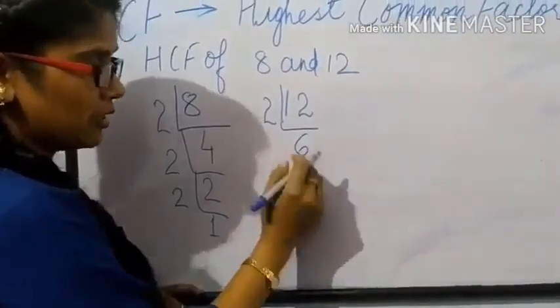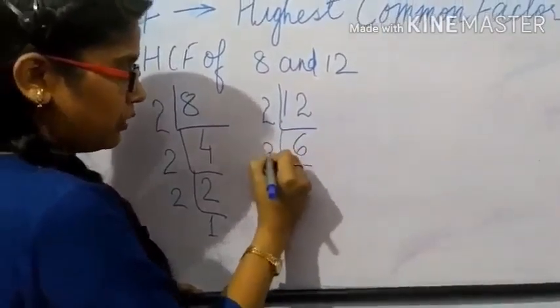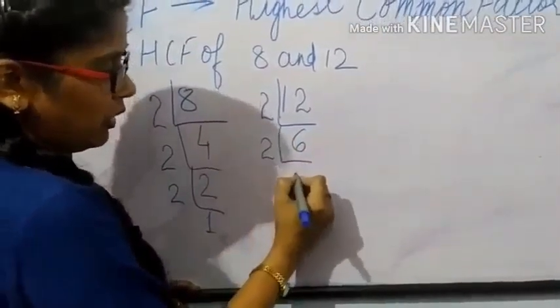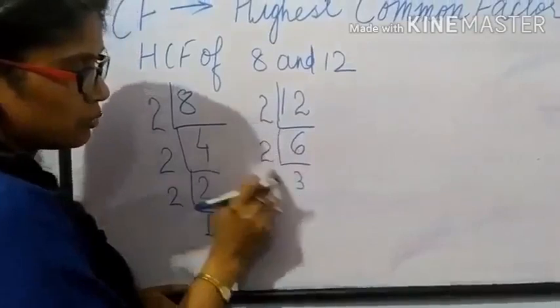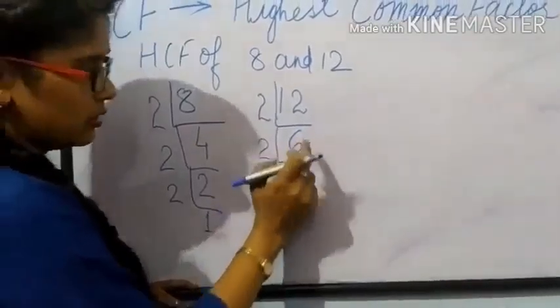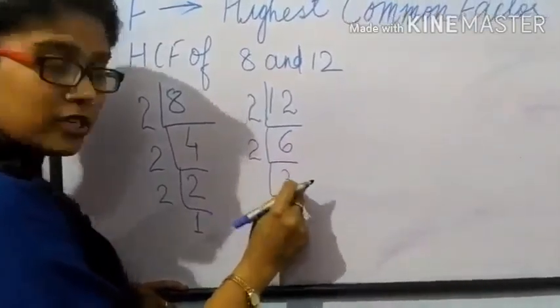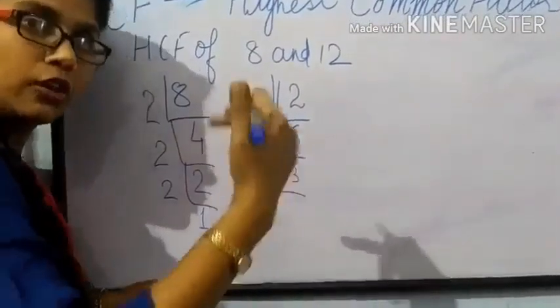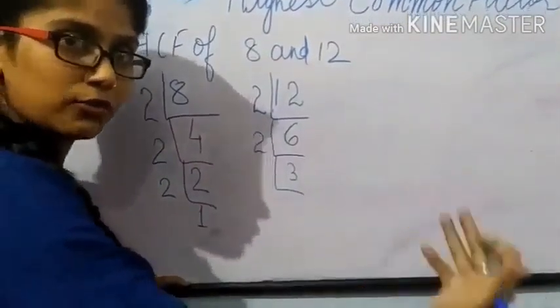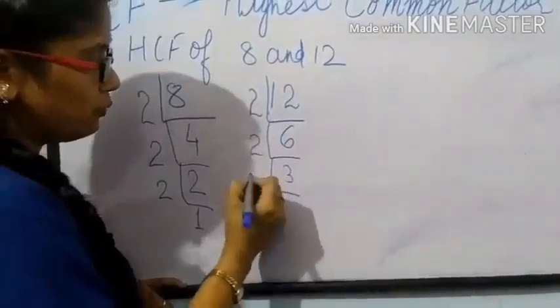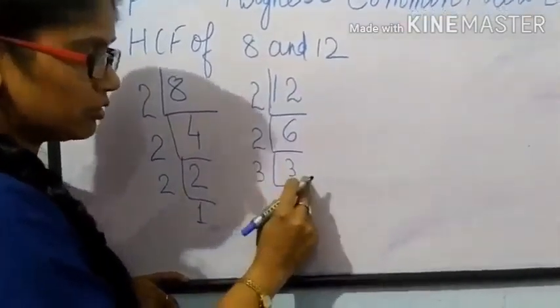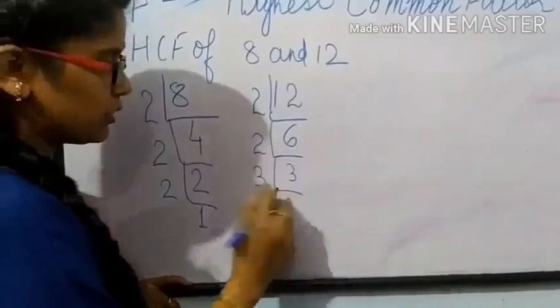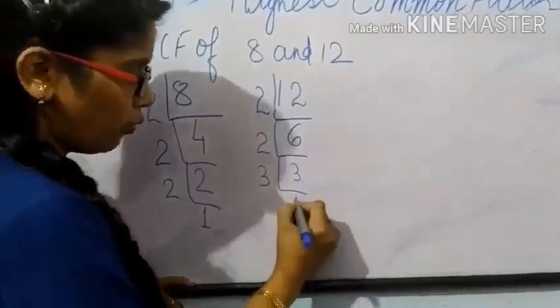Again 6 is an even number, so we are taking 2 and the answer will be 3. We can see that 2 into 3 is 6. Now 3 is an odd number, so it will not be divided by 2. Now we will go to the next number after 2, which is 3. So 3 divided by 3 is 1.